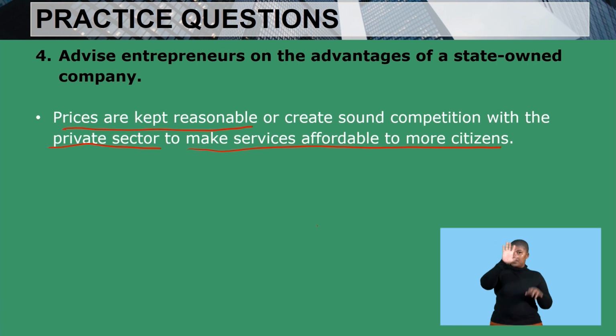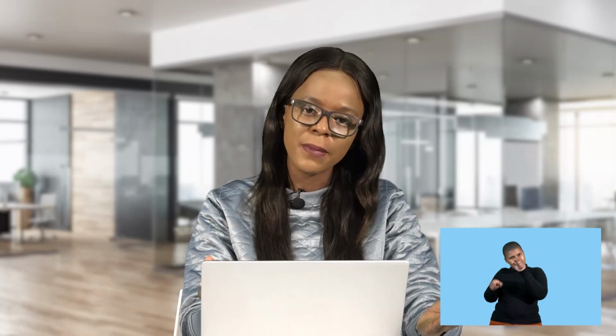So obviously with the enterprises that belong to the government, they are trying to keep a healthy competition between the state-owned company and the private sector, so that the private sector cannot charge higher prices that cannot be afforded by the citizens. So the state-owned company is trying to make sure that they are also competing with the private sector to make the prices reasonable for citizens.